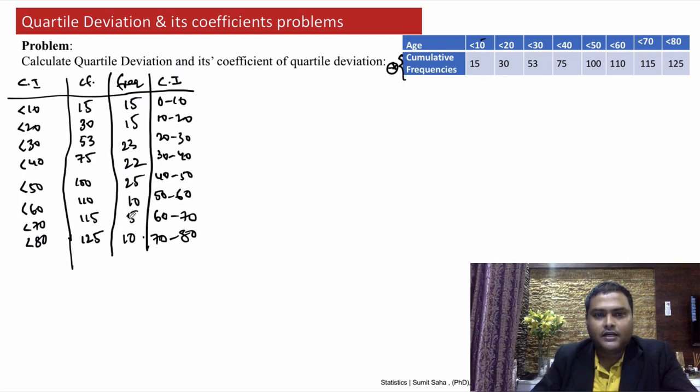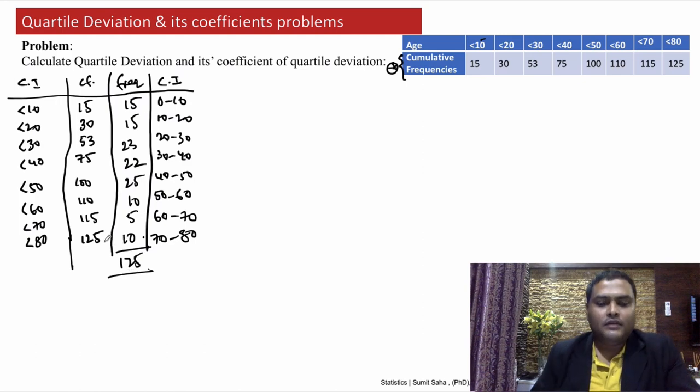So if I calculate the total, it will be 125. The cumulative frequencies are 15, 30, 53, 75, 100, 110, 115, 125. So it is tallied, there is no problem. Now we have all the data.